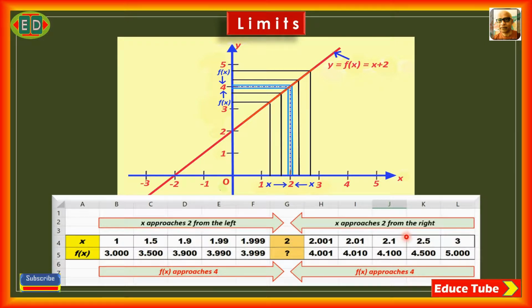And as well, x approaches 2 from the right and the values of x are from 3 to 2.001 and then 2. Here the limit of function of x as x approaches 2 is 4. On the graph we can see it here, as well on the table we have to assume that this will be 4.